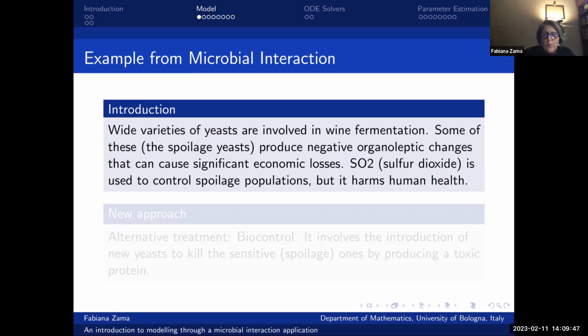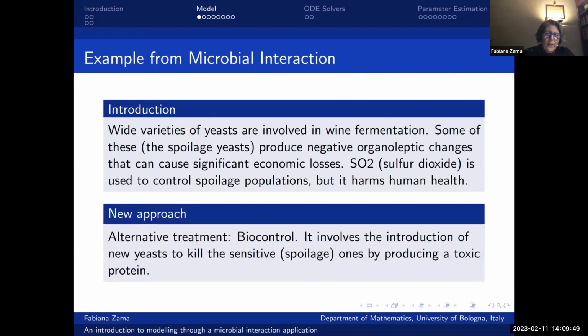So what is proposed in this paper and in the other paper this approach originated from is to use a biocontrol, which means that a different type of yeast is introduced in the product in such a way that they kill only the spoilage and the sensitive yeasts without damaging human health.